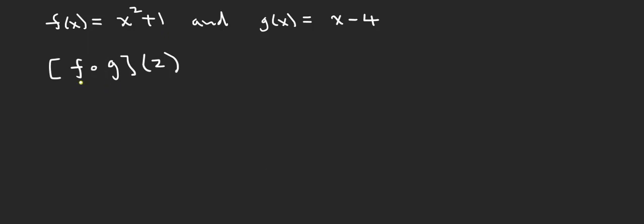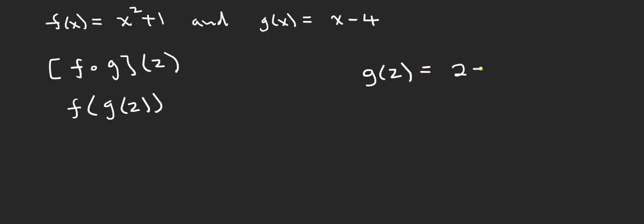What about f composition g? In other words, f of g of 2. That's what it means. So let's first find out what g of 2 is. What is g of 2? g of 2 is going to be 2 minus 4, which is negative 2.